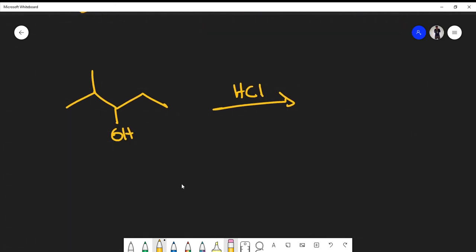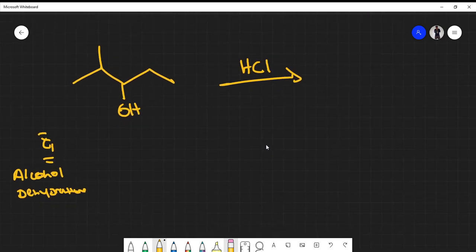Well, I have an alcohol, and this is a special case, and I want you guys to recognize this anytime you come up on this in organic chemistry. Anytime you have an alcohol and an acid, so this is hydrochloric acid, this is your classical E1 reaction. And this is what we call an alcohol dehydration. So anytime you have an alcohol in an acid, this is an alcohol dehydration.